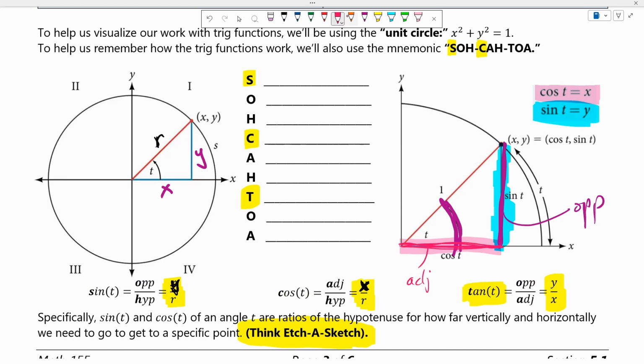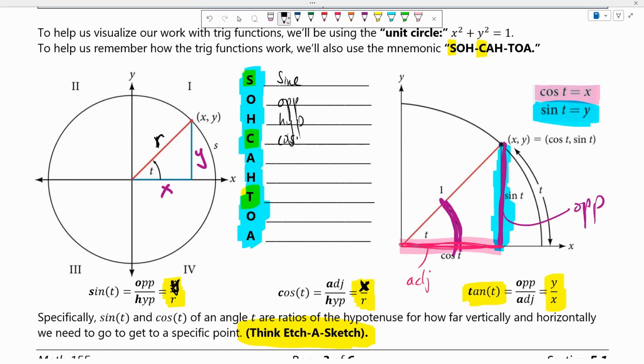And that is where we get this thing, hopefully you remember this from high school, SOHCAHTOA. SOHCAHTOA is just an acronym so we can remember what sine, cosine and tangent are defined to be. Sine is equal to opposite over hypotenuse.